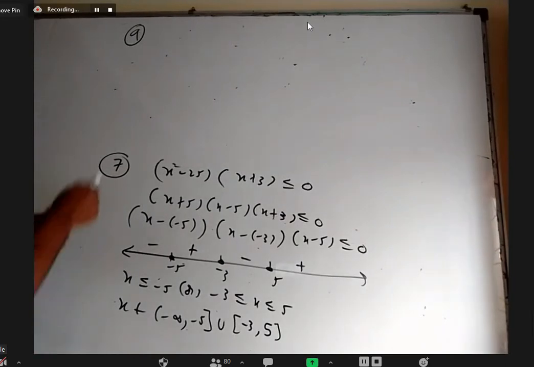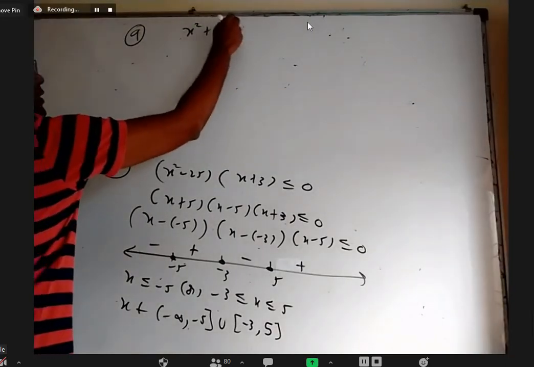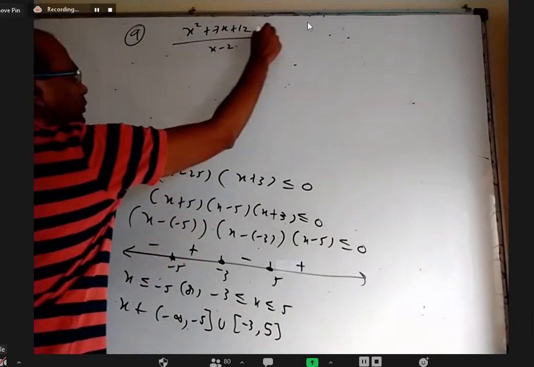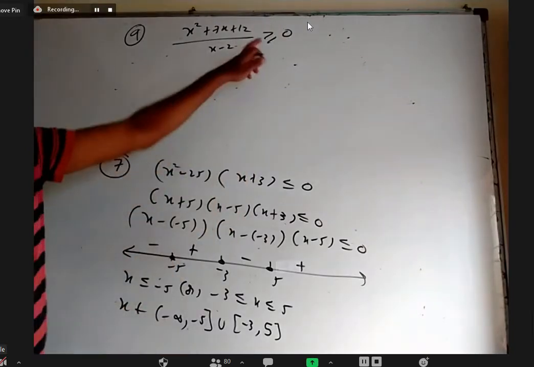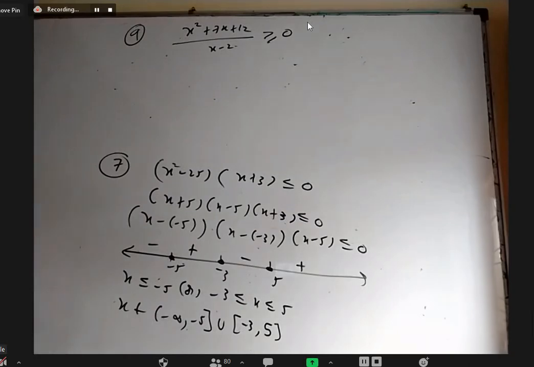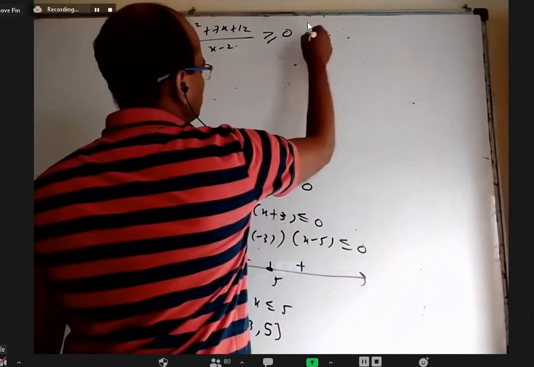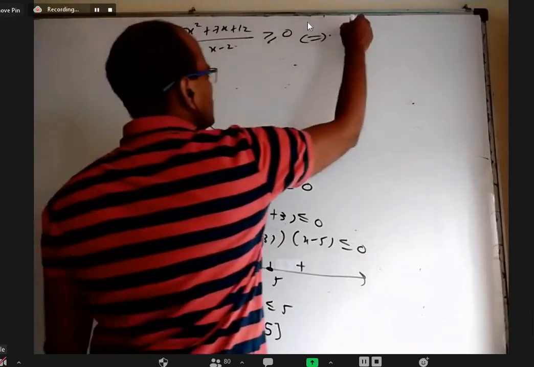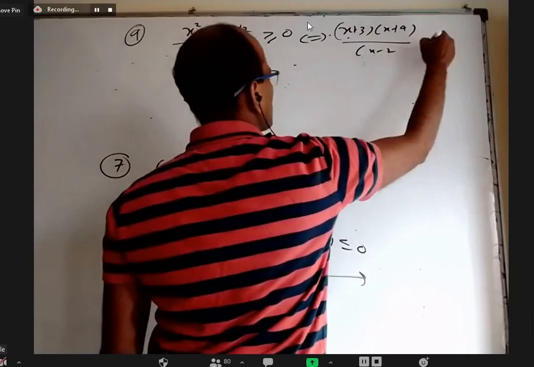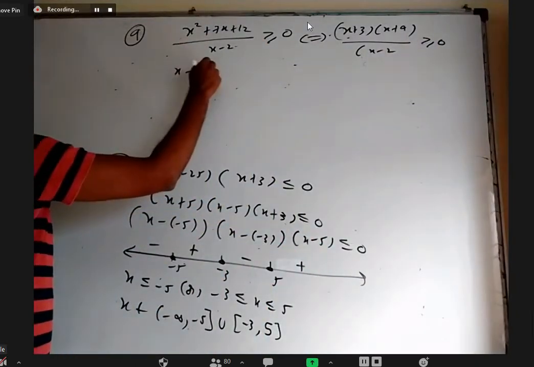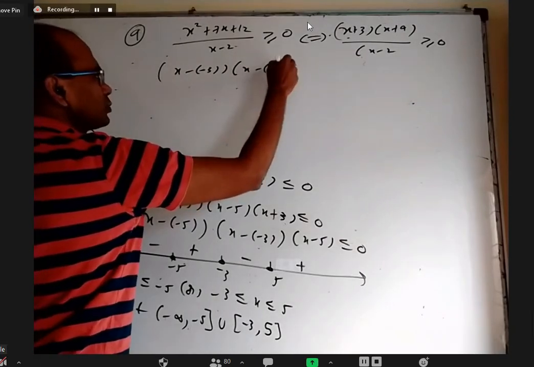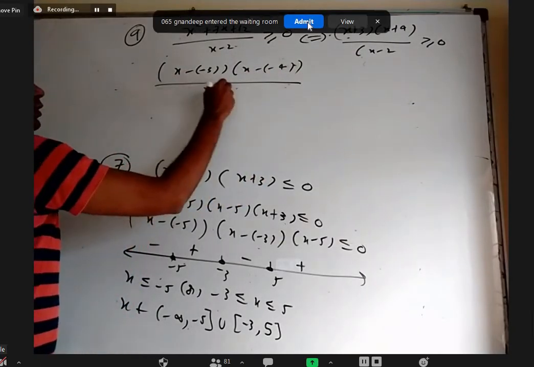The 9th one: x square plus 7x plus 12 by x minus 2 greater than or equal to 0. Especially when equality is there and a denominator is there, we have to be a little careful which number is to be included and which excluded. Numerator is x plus 3 into x plus 4 by x minus 2 greater than or equal to 0.